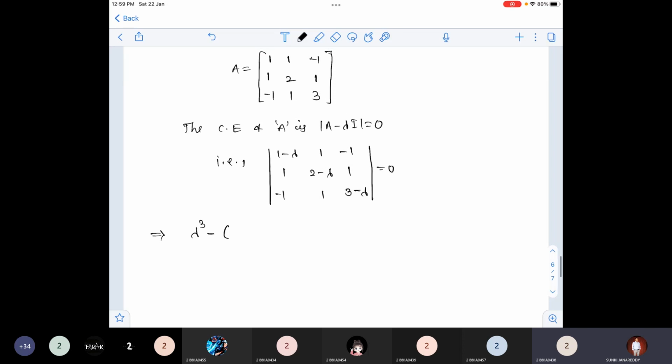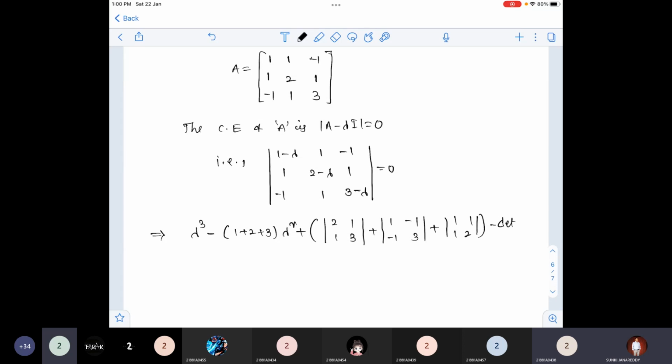What is the trace of the matrix? 1 plus 2 plus 3 is 6. Next, minus the sum of the principal minors: leave the first row and first column, we get the determinant of 2 1, 1 3; leave the second row and second column, we get 1 minus 1, minus 1 3; leave the last row and last column, we get 1 1, 1 2. Then the determinant of A.